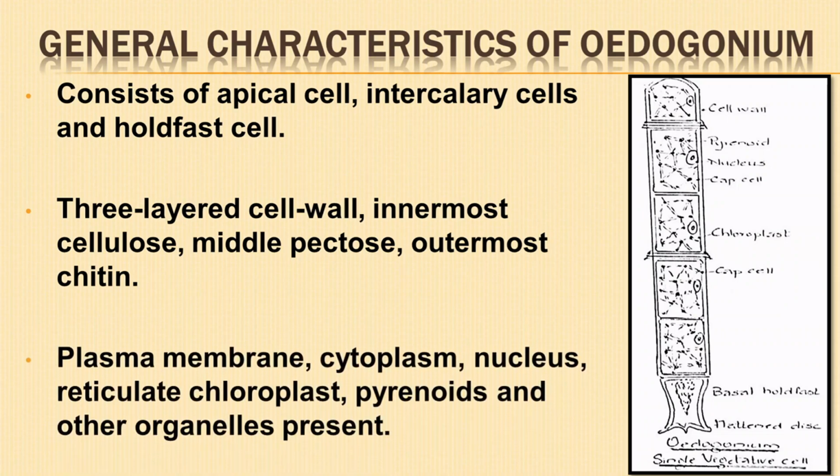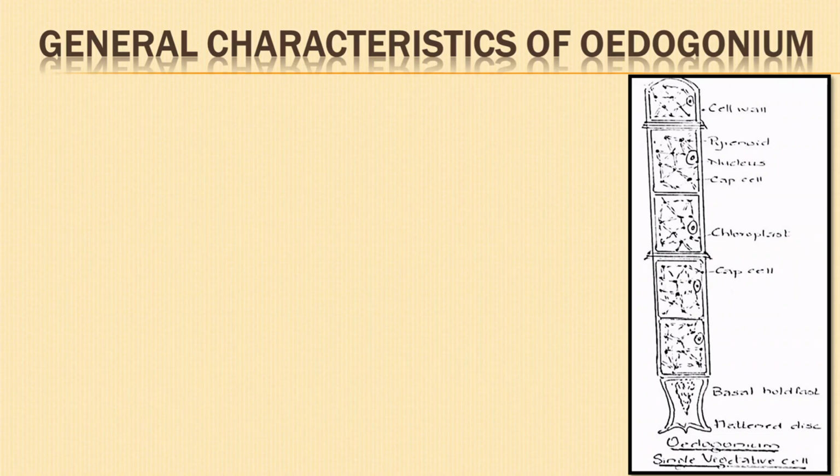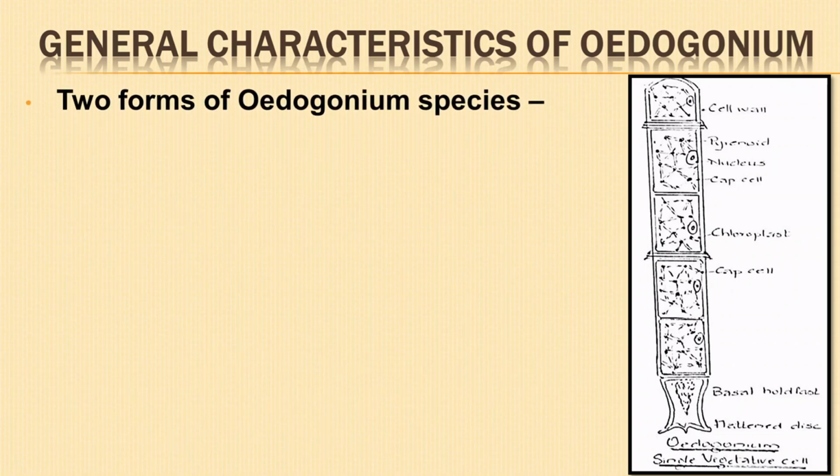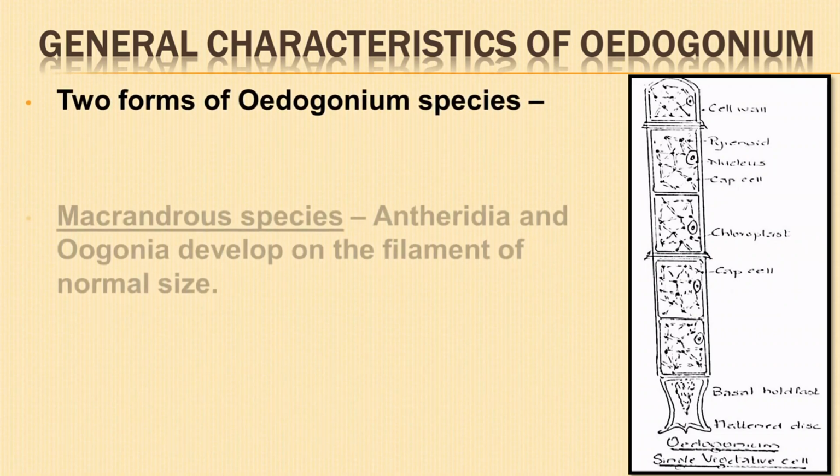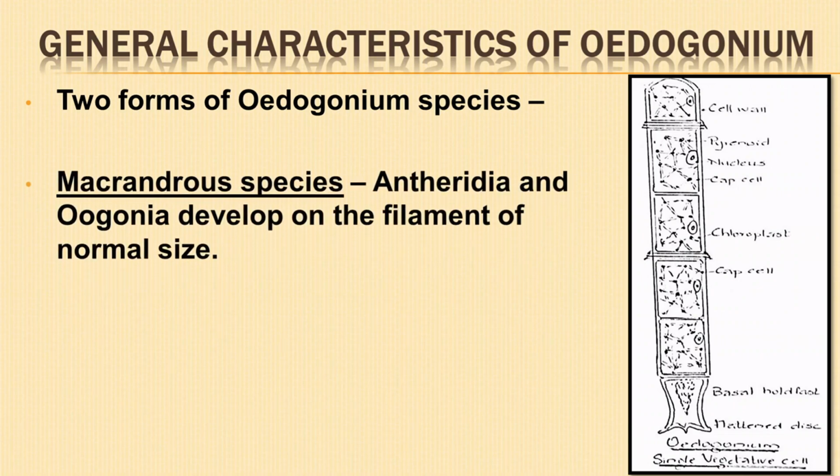The thin plasma membrane surrounds the cytoplasm, a nucleus, a central vacuole, reticulate chloroplast, pyrenoids, and other cell organelles. Oedogonium species exists in two forms: Macrandrous type, in which the male and female sex organs, Antheridia and Oogonia respectively, are borne on the filaments and are of the normal size.